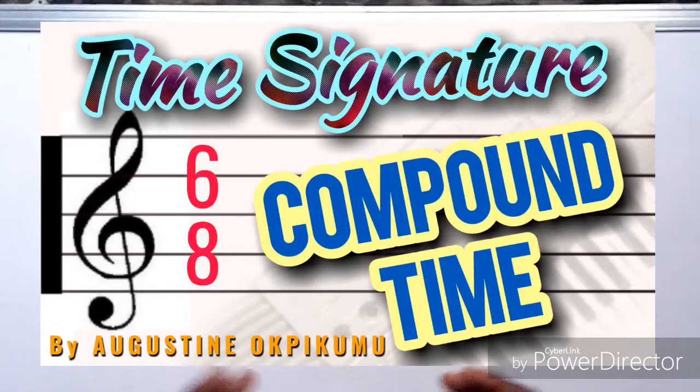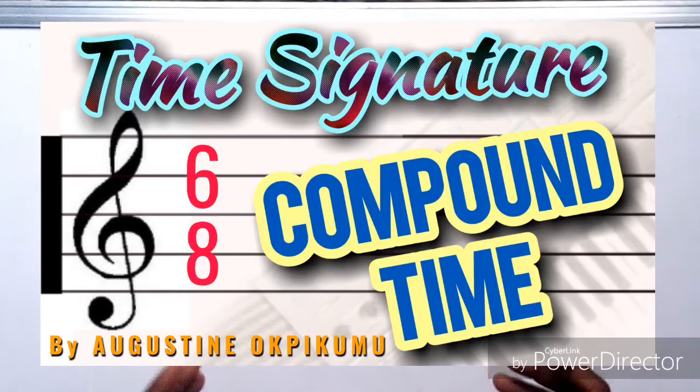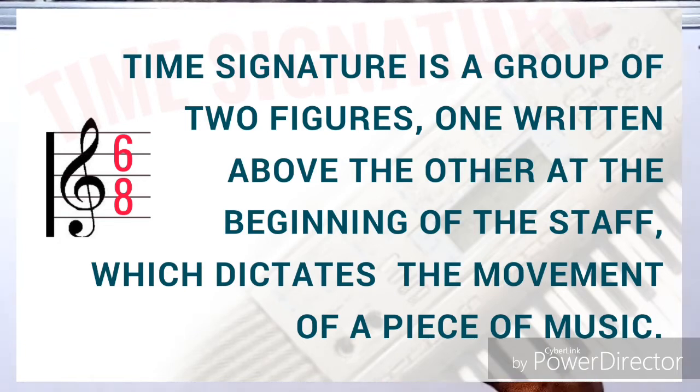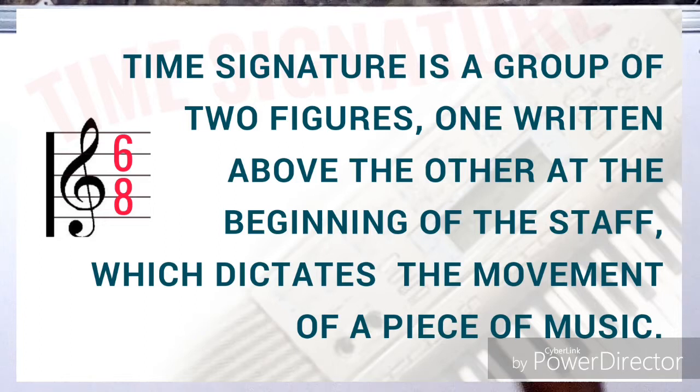Today we are looking at compound time signature. When we treated simple time signature, I told you that a time signature is a group of two numbers, one written above the other at the beginning of a piece of music, which dictates the rhythm and beat pattern of the piece.